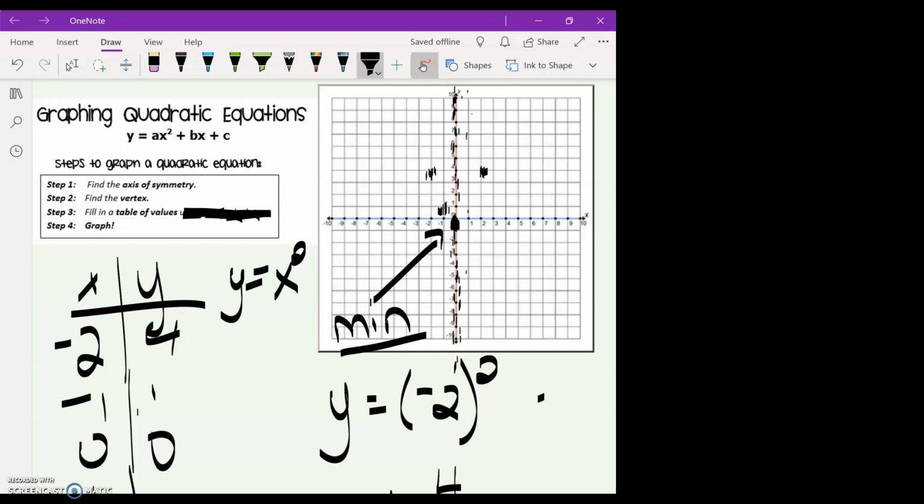Negative 1, 1 is 1 point to the left, so I can go 1 point to the right. Then I'm able to just plot and graph my points here. You do that as best as you possibly can, and there's y equals x squared.